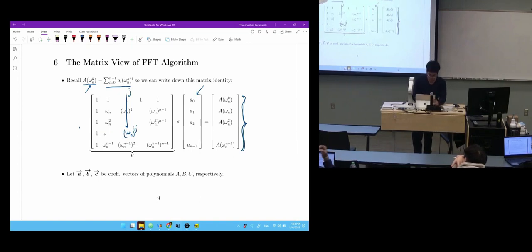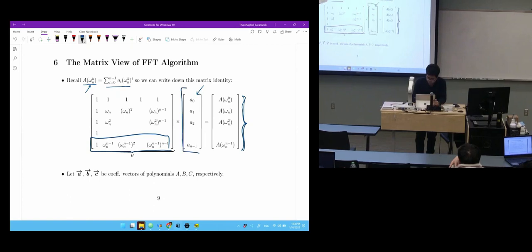Okay. So the first row and first column is like omega to the 0, so this is all 1, and you see the pattern. Let's try to verify one thing, right? If you multiply the last row to this column, what do you get? You just get this sum, a sum of a_i times omega_n to the (n-1) times i, ranging over all i.